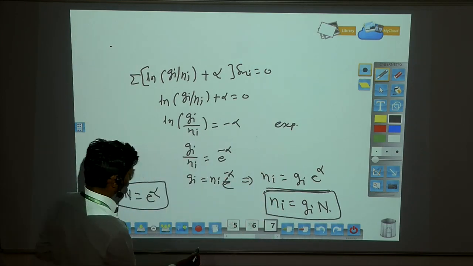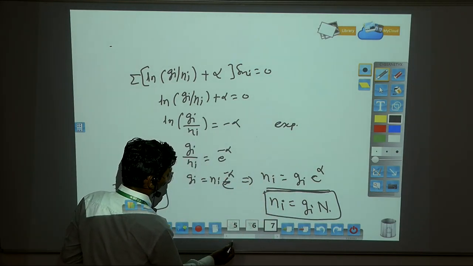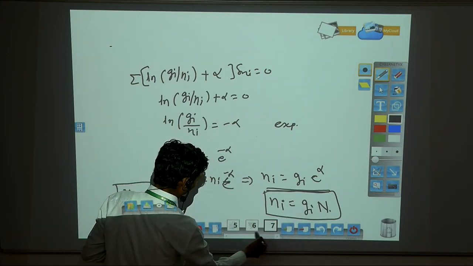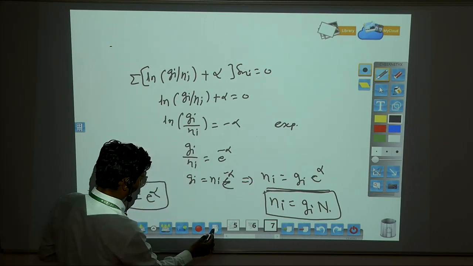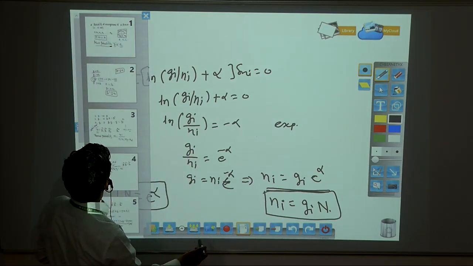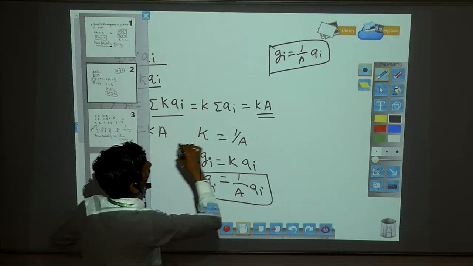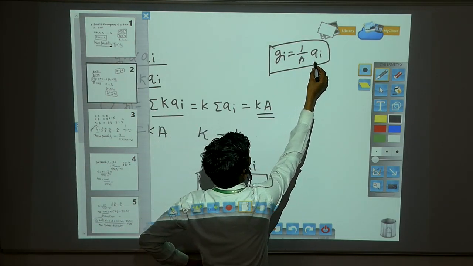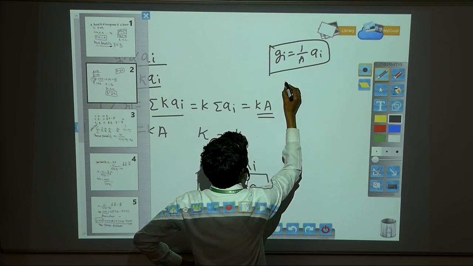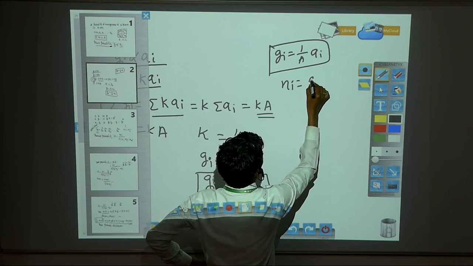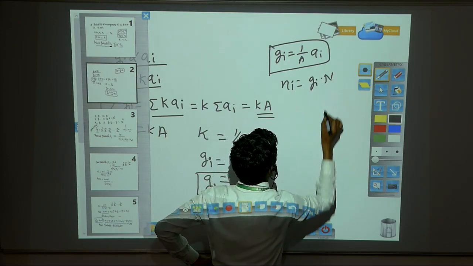And in the earlier step, we got gi is equal to 1 by ai, and we have ni is equal to gi into N.